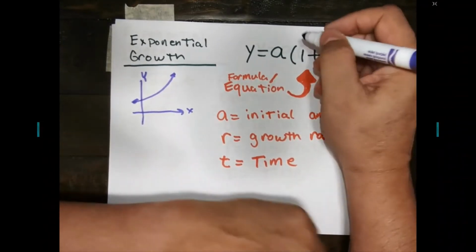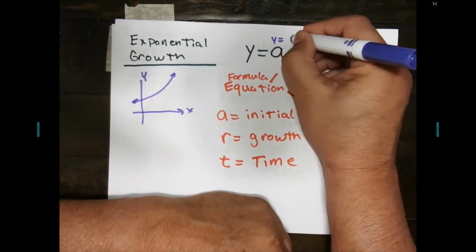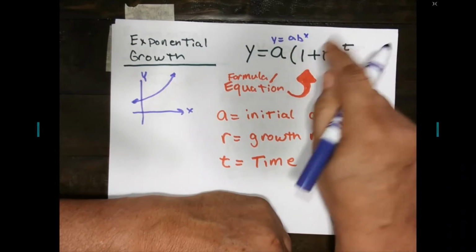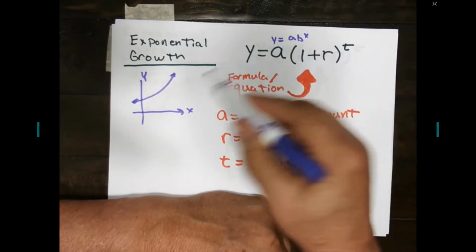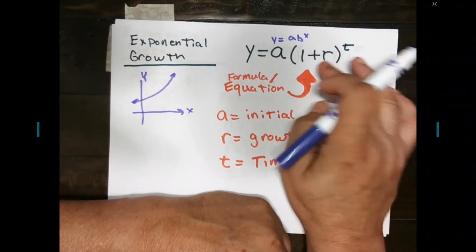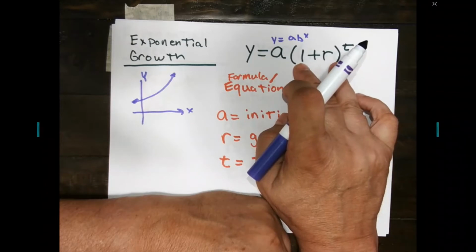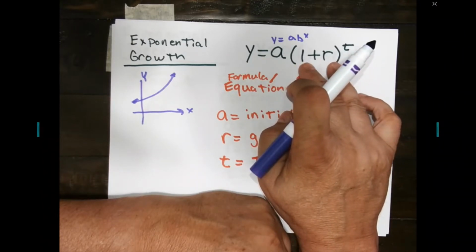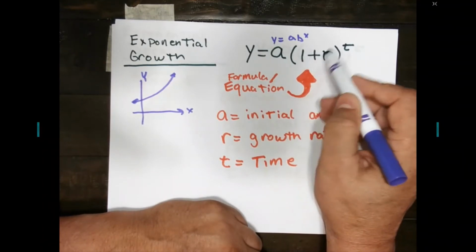It relates to our basic formula by y equals a times b to the x. You notice what I have in parentheses here, that's equal to the b. And for that to be growth, this number in the parentheses has to be positive. Well, the only way that can happen is if we add something to it. So it's 1 plus r.